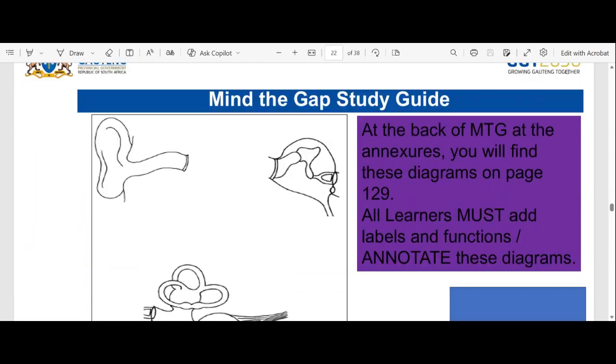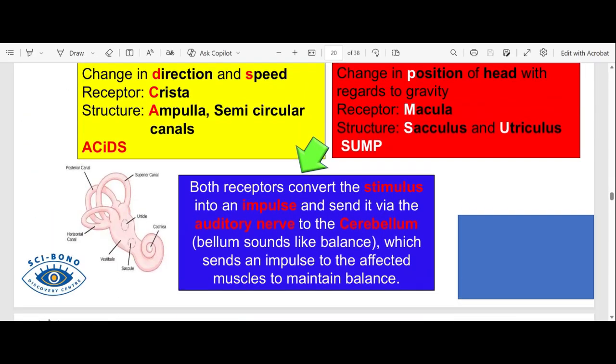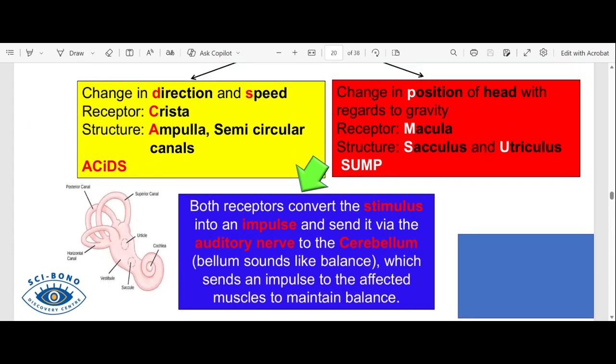Okay, so they did not explain here the change in the direction and speed of your head, but I'll just explain it here, right? So let's go to the change. When the speed and direction of your head changes, it causes the fluid in the semicircular canals to move.